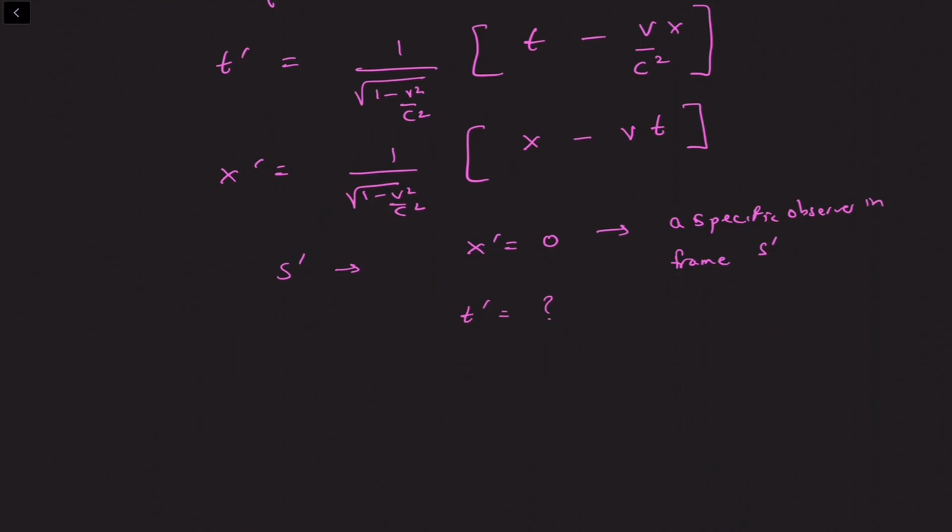For this observer, we'd have to invert these relationships. So first let's invert those relationships. We already saw that the inversion just means that we replace v by minus v. So we would write t and x as t equals 1 over the square root of 1 minus v squared by c squared times t prime plus v x prime over c squared.